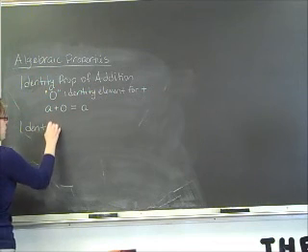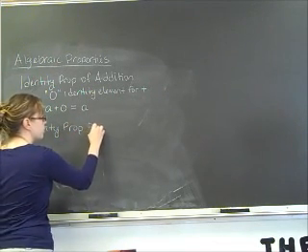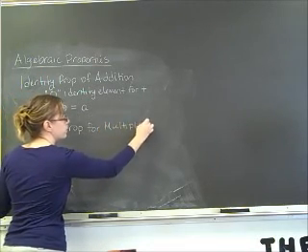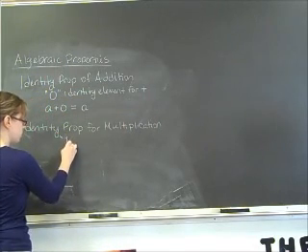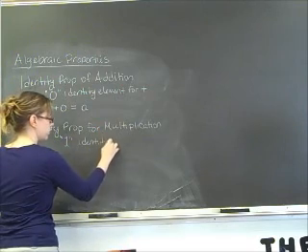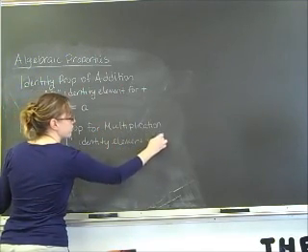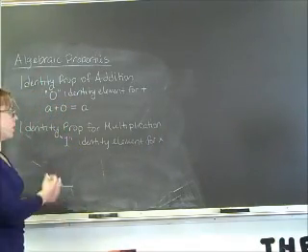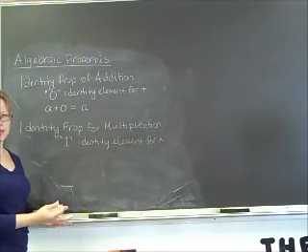The identity property for multiplication uses the number 1. So the identity element is 1. So, very similarly, 1 times any number is that number, other than 0.